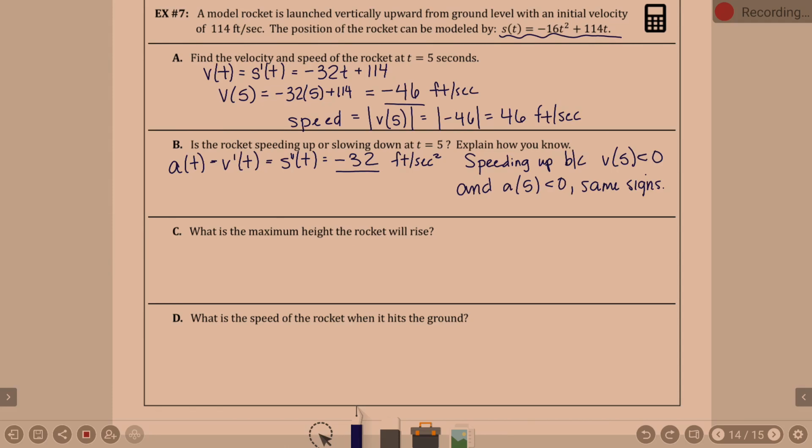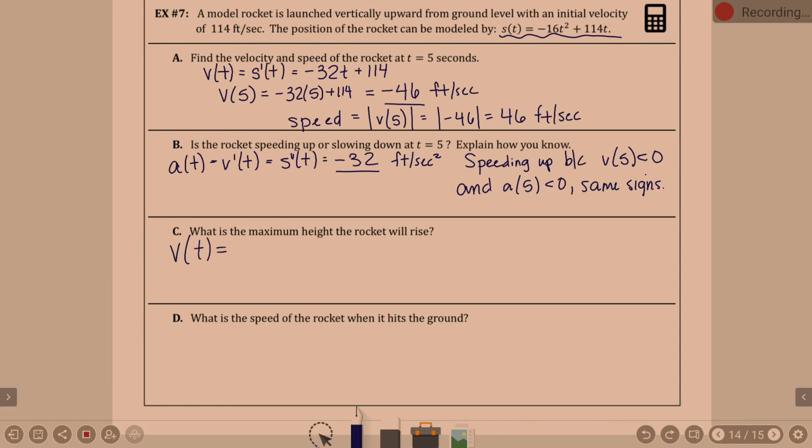What is the maximum height the rocket will rise? Maximum height. What's going to happen there? It's going to be a max. What happens to the velocity?